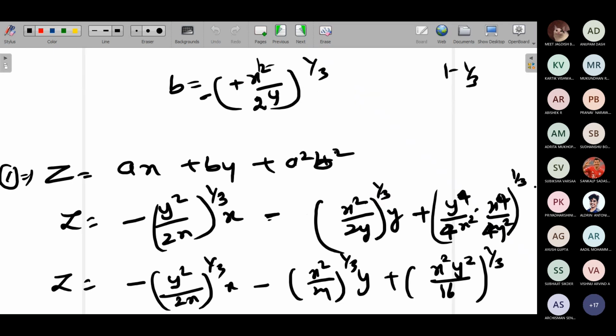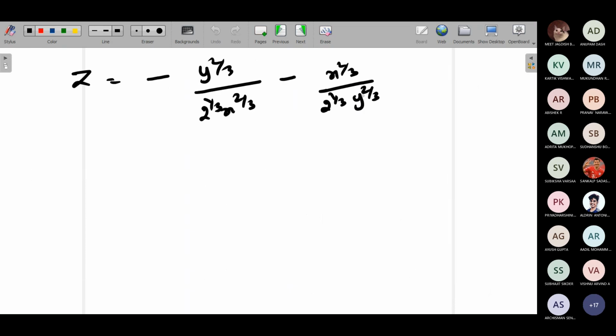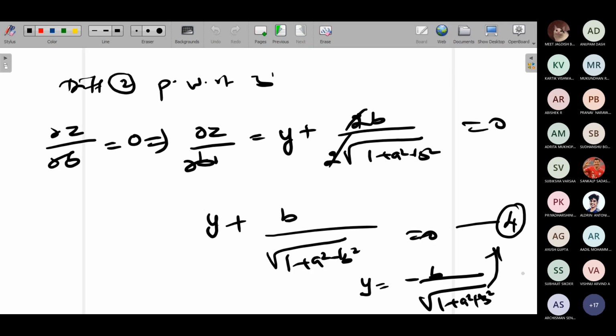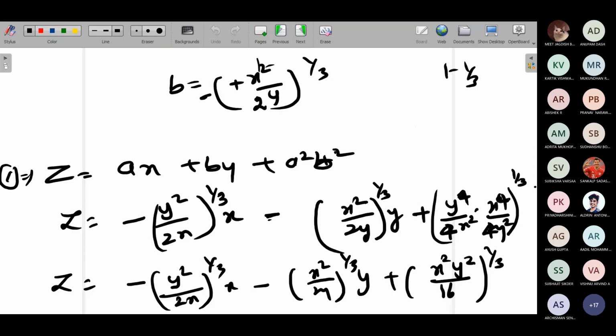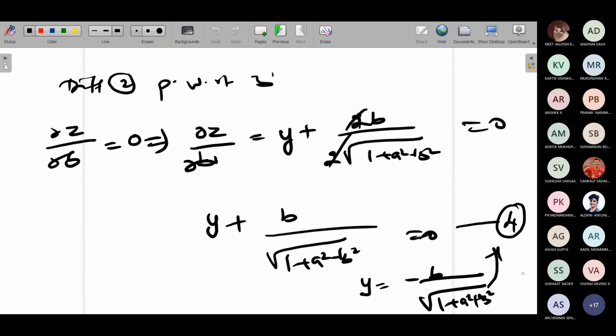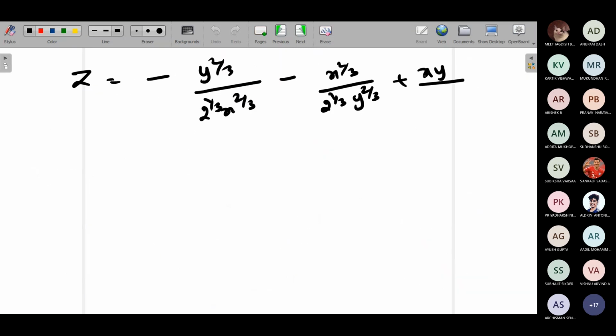That's the advantage. There is no advantage here, right? So here I'll get xy divided by 4, whole power 2 by 3. Correct?